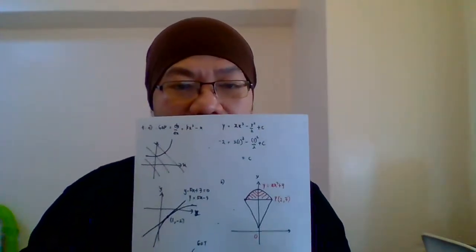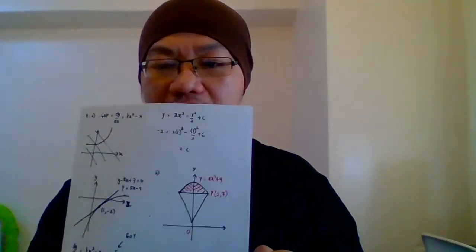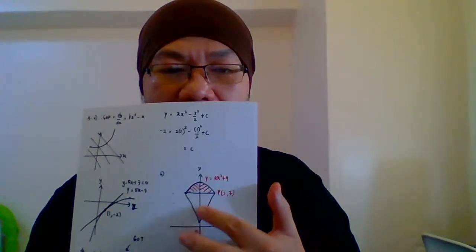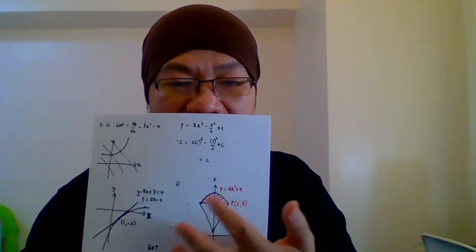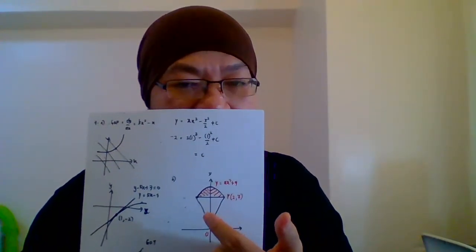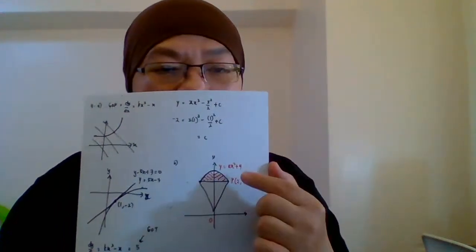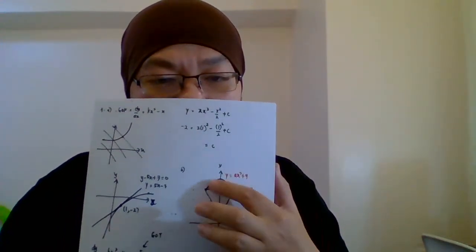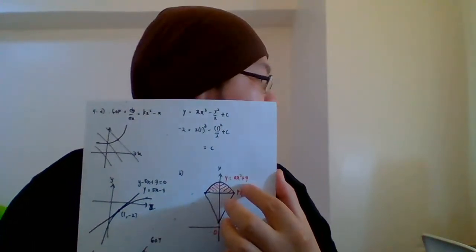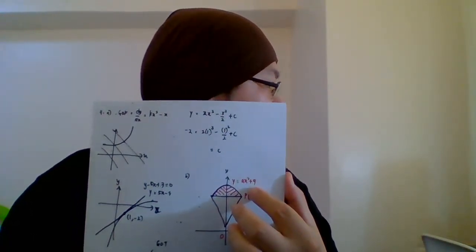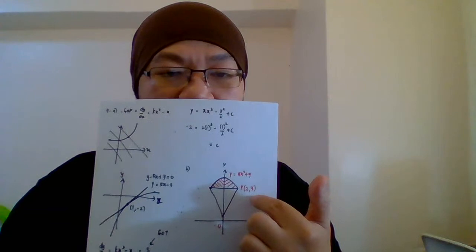Alright, guys, this is question number 4B. You are given the side view of an ice cream cone here. The point P here is 27. The curve on the top here is given by the equation y equals to ax squared plus 9. And the point P is 27.